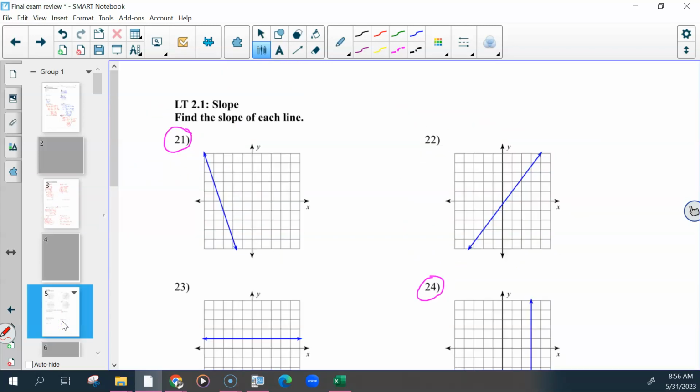So now we're in the second unit. First objective of that was slope. So that's from a graph, from 2 points, from an equation.